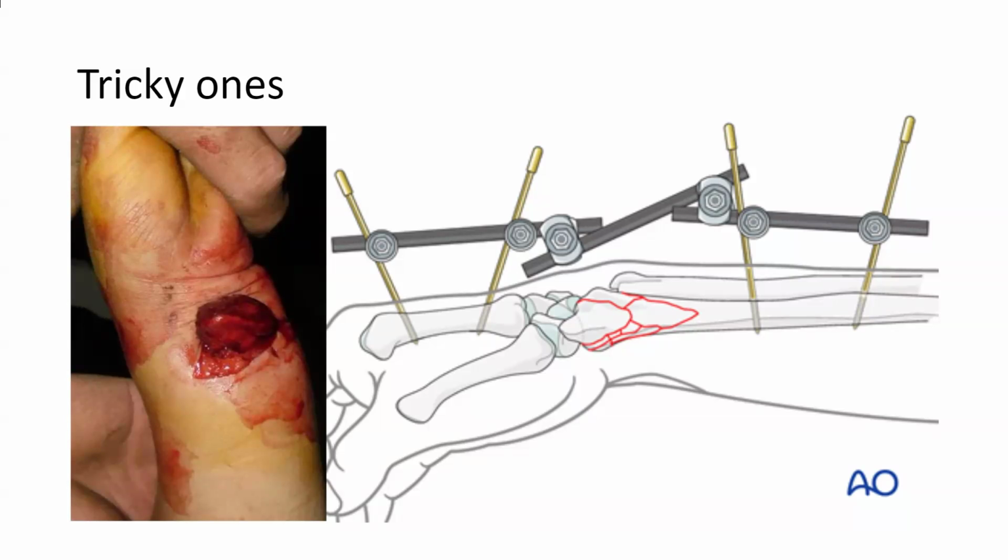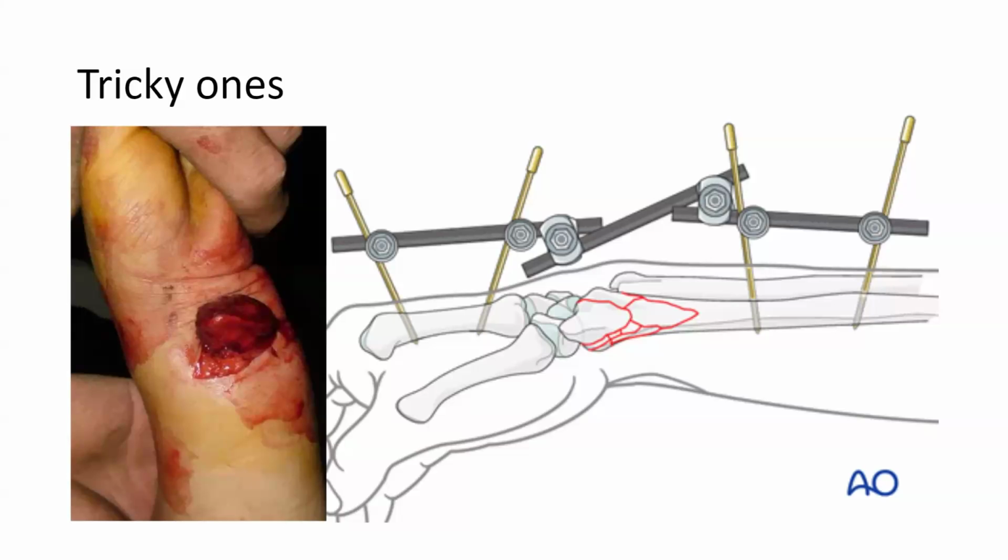But in terms of your orthopedic input, you need to make sure that the wound is visible to someone on the ward afterwards. You can't just fix this and put them in a bandage or put them in a plaster. You also do not want to have any metalwork in and around that open wound, because if you look at where that is, that's exactly where you would normally put your incision. So it's exactly where you don't want it to be, right?